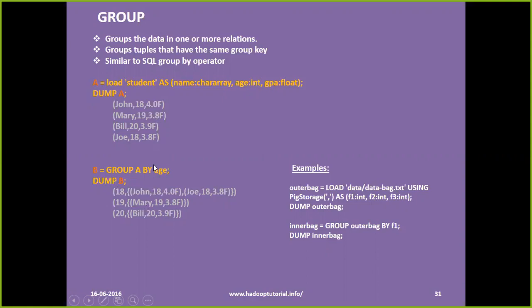If I group this, I have two records with age 18, so you will get 18 comma, and inside that you will get an inner bag with the same schema as A. So 18 comma and here two records, it matches that. And 19 comma, with 19 I have only one record, so that is in a bag. In 20 I have.